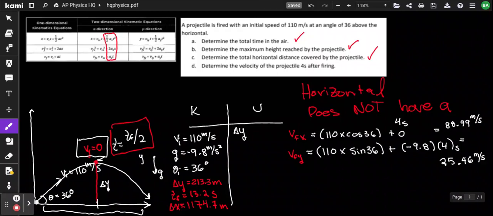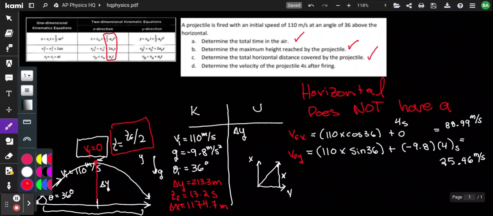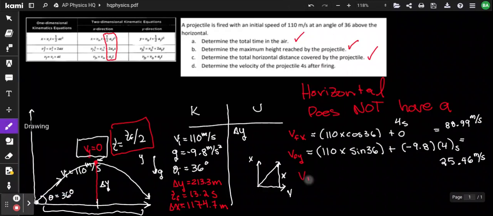Okay, now that we have our x and y direction, it's going to look something like this, x and y. We're trying to find the total velocity, and that means we need to do trigonometry, which is using Pythagorean theorem to find the total component. So our total velocity, which I'm going to use as vt, is equal to square root of vx squared plus vy squared.